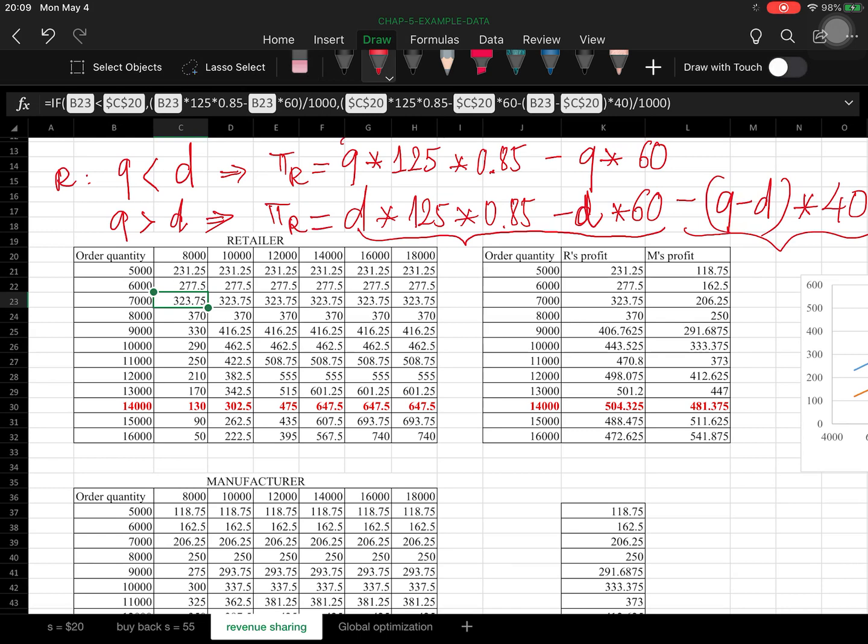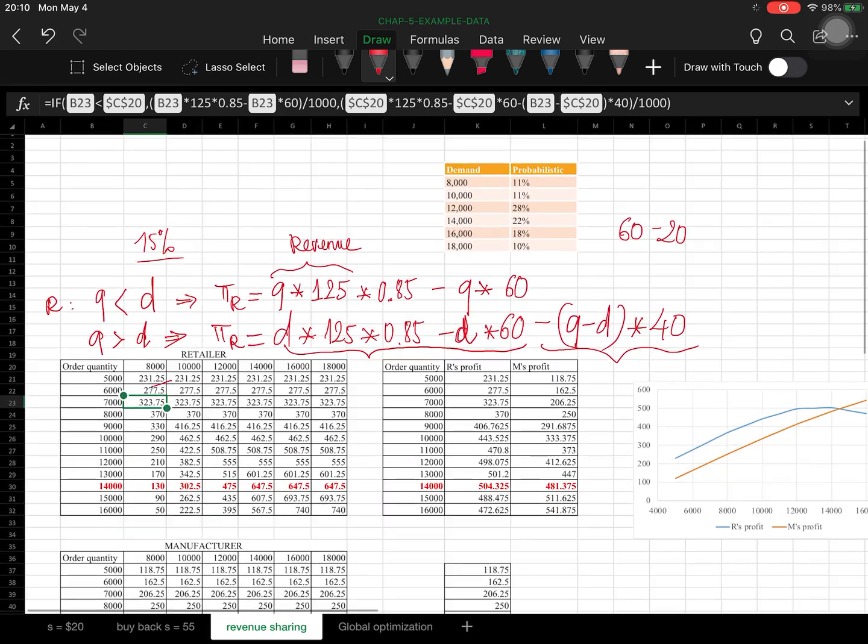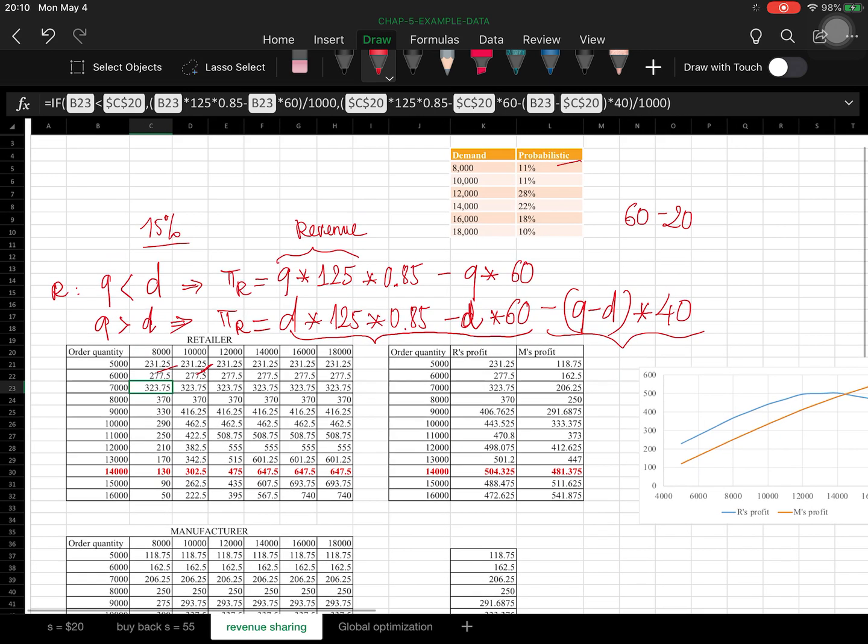The profit will equal this one multiplied by the probability here, 11%, plus this one multiplied by 11%.